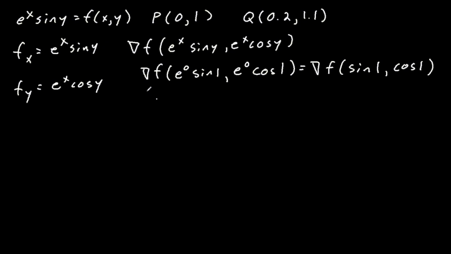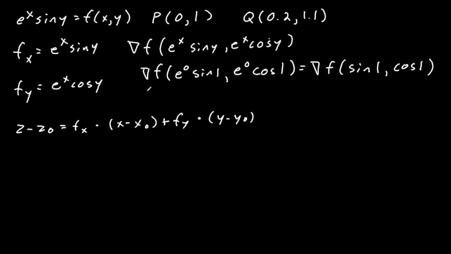That is a constant. Once you have that, we're going to plug the gradient into our equation. So z minus z null, and this is the standard equation for our tangent plane: f sub x times x minus x null plus f sub y times y minus y null.